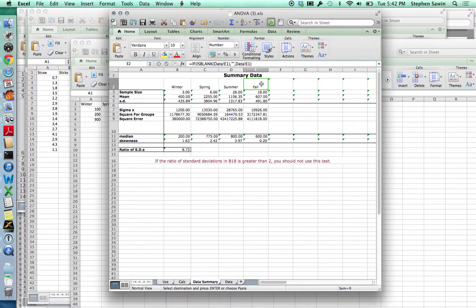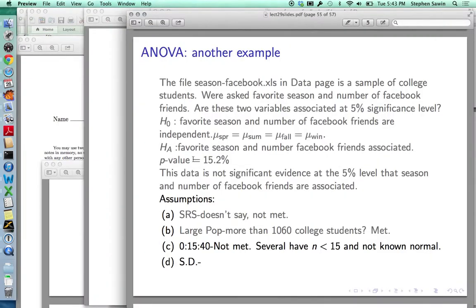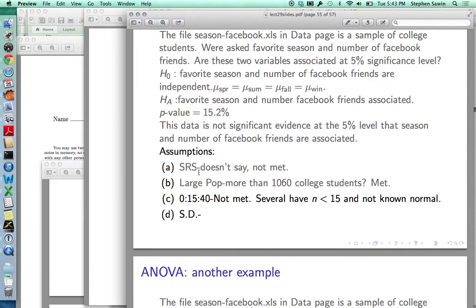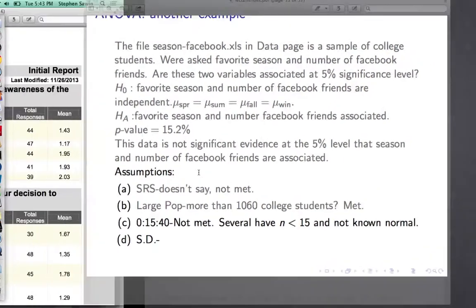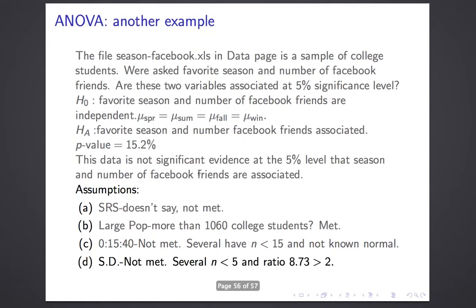So we fail 0, 15, 40. How about assumption D? We fail that as well, because look, one of the data sets has fewer than 5, and the ratio of the standard deviations is huge, way bigger than 2. So we fail the 0, 15, 40 assumption, and we fail the standard deviation assumption.